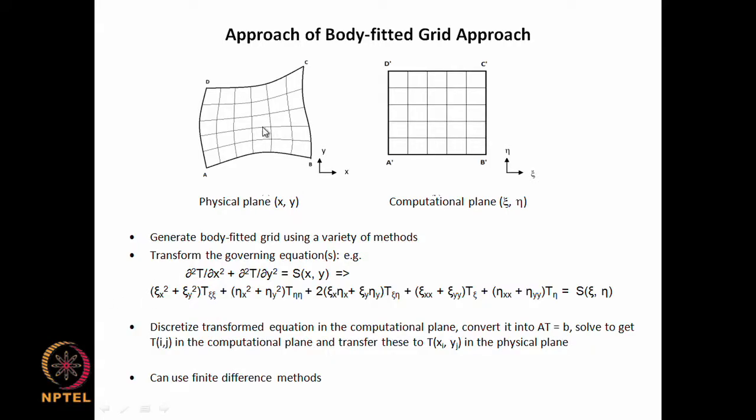we would work in the computational plane where you have uniform grid spacing in both psi and eta directions. These psi and eta directions are such that lines of constant eta, for example this line, will be a curvilinear segment here, and some of these boundaries are such that they fit into the boundaries that are present in the physical plane.